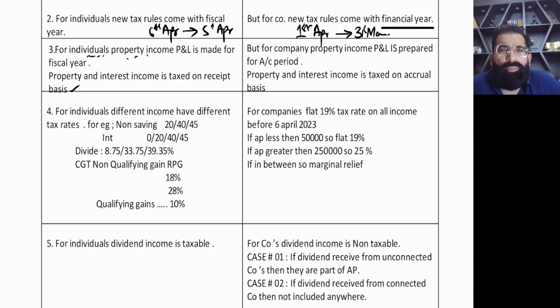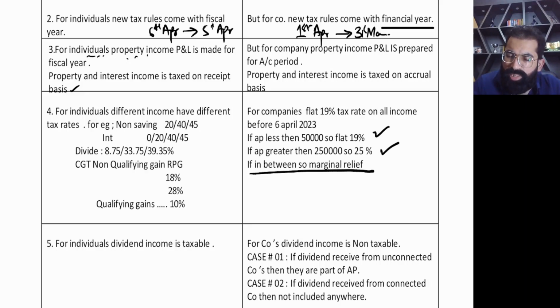But for companies, all incomes are the same, they are just lined up. Before 1st April 2023, there was a flat tax rate of 19%. And after 1st April 2023, now we have a 19% tax rate. See the screen. We have a 25% tax rate, and we have one area with marginal relief as well.